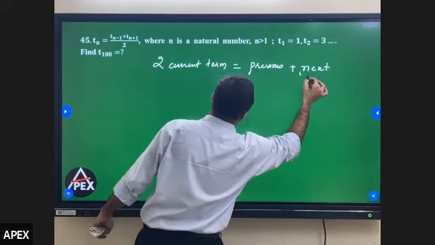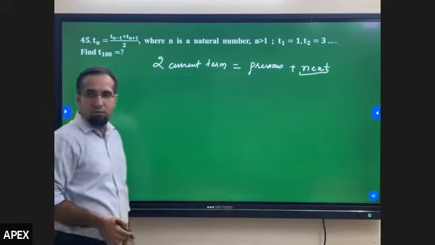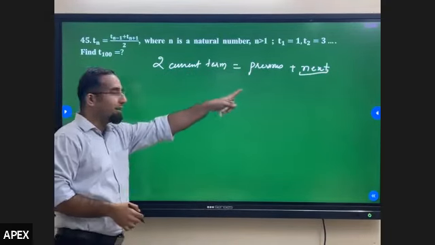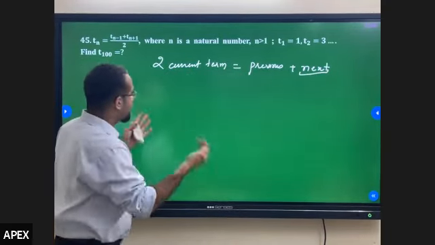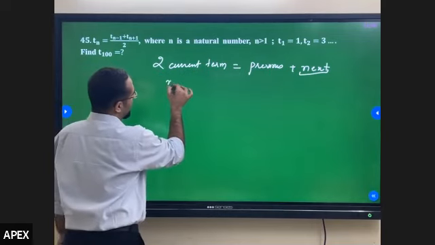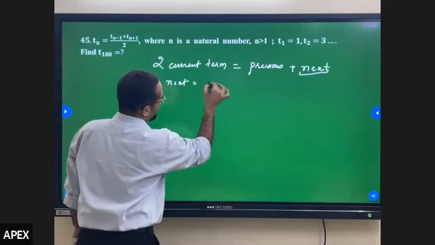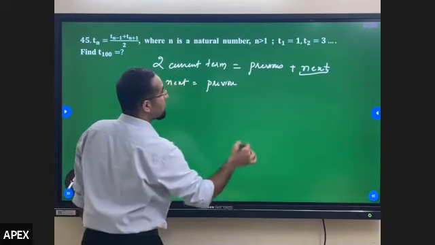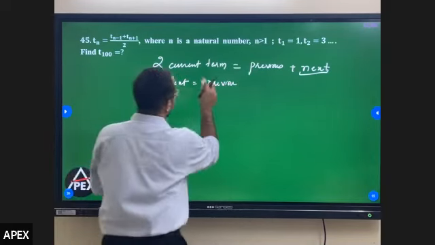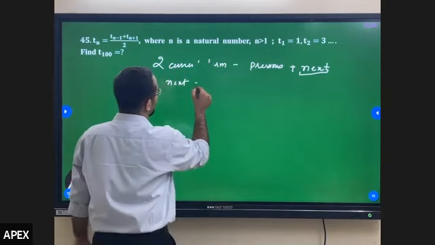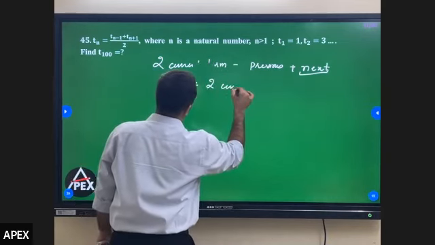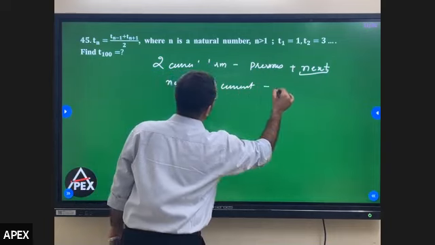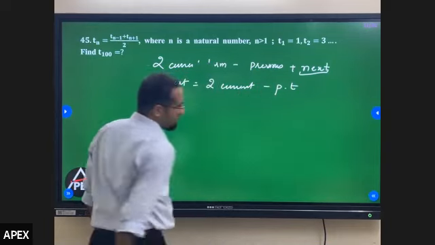Now we know that the next term has to be our subject according to this formula. So my next term is equal to 2 times the current term minus the previous term.